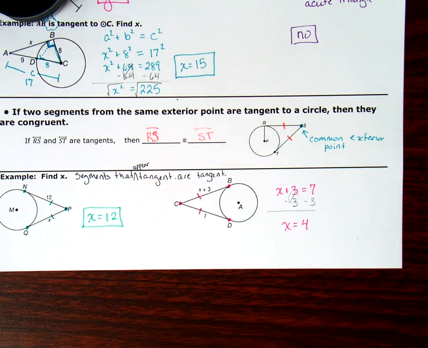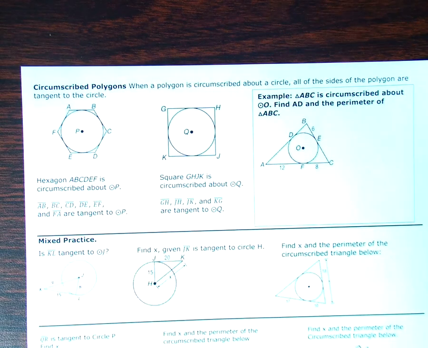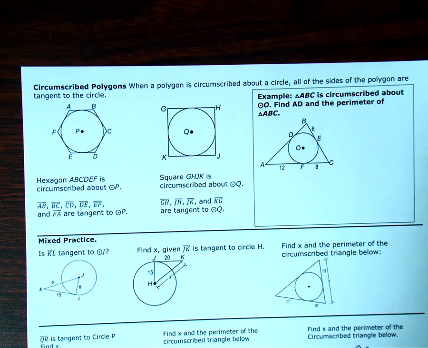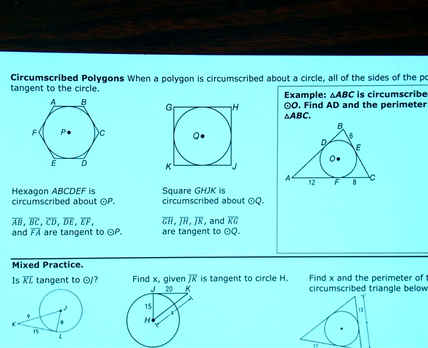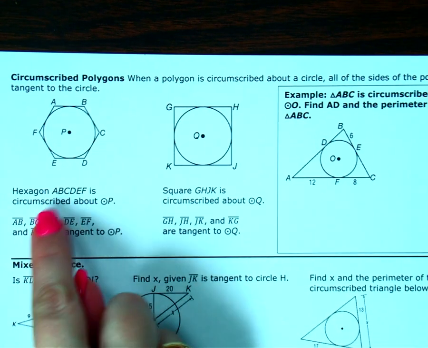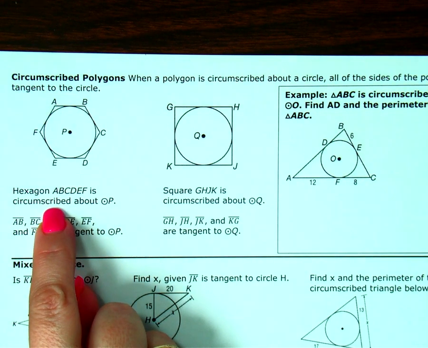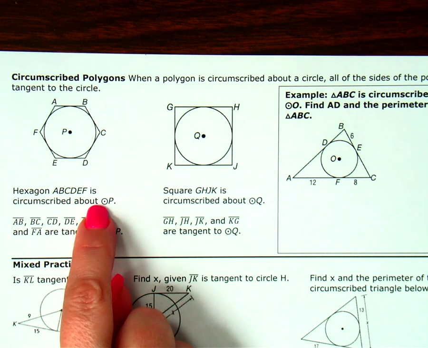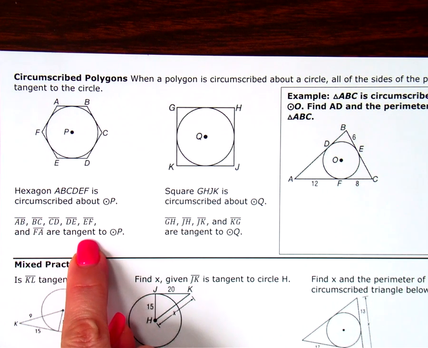Okay, sometimes you have a polygon that is what we call circumscribed about a figure. And that just means that every single side of the polygon is tangent to the circle. Okay, all the sides of the polygon are tangent to the circle. So if you look at this hexagon A, B, C, D, E, F, it is circumscribed about circle P. So every single one of these segments is tangent to the circle.